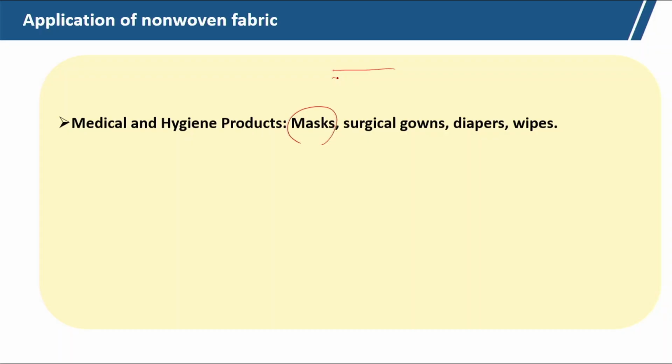So, needle punched fabric is sandwiched with either nanoweb or electrospun web or maybe melt blown, to create the characteristics of high breathability, but at the same time protective from the microbes. Surgical gowns are very popular where nonwoven fabrics are used, the disposable gowns, diapers, wipes.